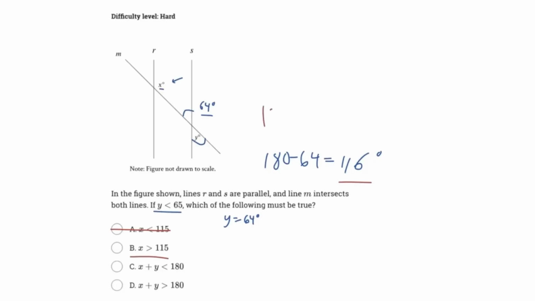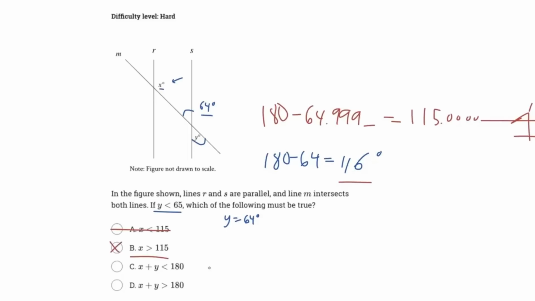And therefore, if we had 180 minus 64.999, etc., that would yield 115.0000, etc., 1. That's messy, but you get the point. So basically, we can't ever go underneath 115 degrees for X if Y is less than 65. Therefore, B is our answer, but let's just check the other answers to be sure.